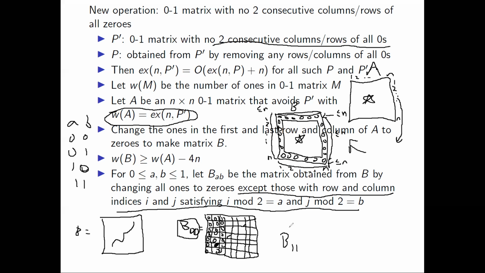So B11, if we just draw the columns and rows that would be in it, the ones that would not get zeroed out. So for B11, the ones that will get zeroed, I'll put the zeros in them. So we'd zero out any of the even columns.